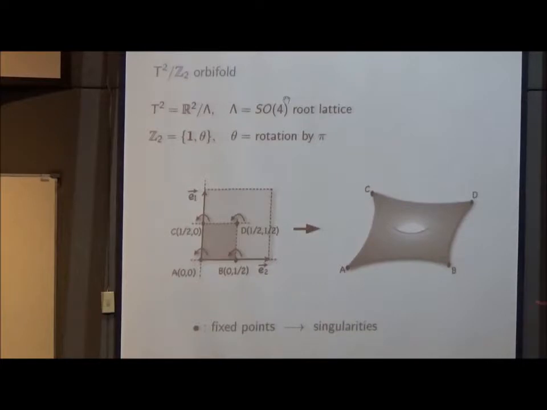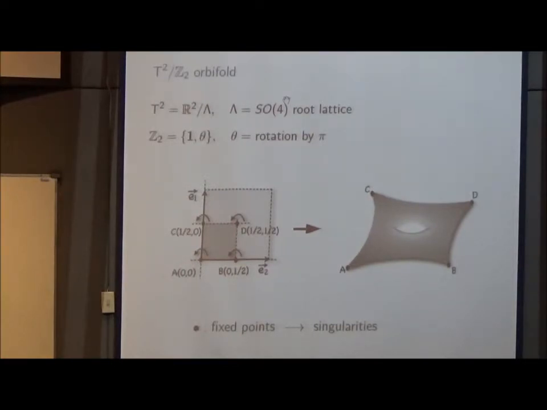But the very nice thing is that even though we have these singularities, it is possible to describe string propagation on these orbifolds using the tools that you have learned, just using your degrees of freedom on the worksheet.